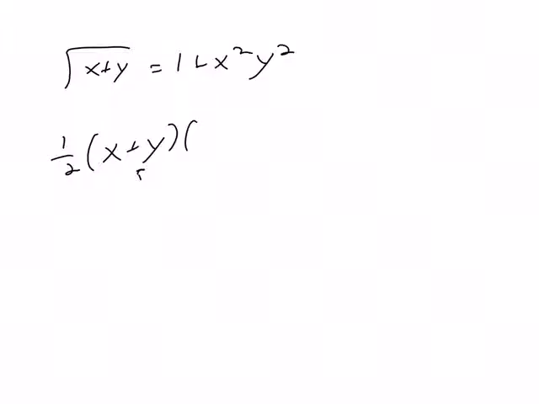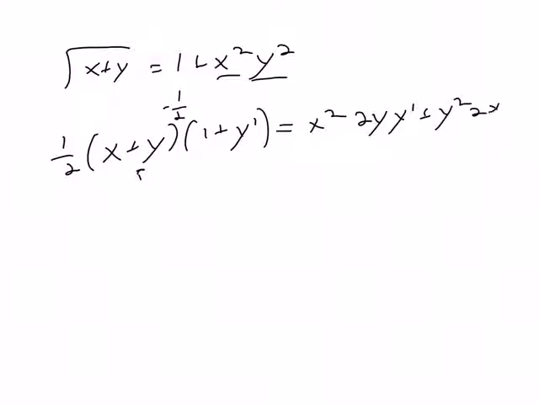So that's going to be, negative a half over here. 1 plus y prime is equal 1 and 0. So then I'm going to have x squared times the derivative of that, which is 2y, y prime, plus y squared times the derivative of that, which is 2x.